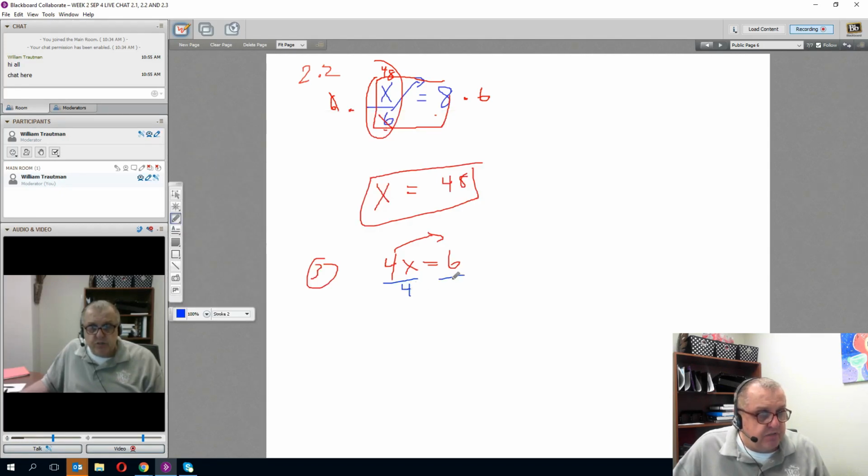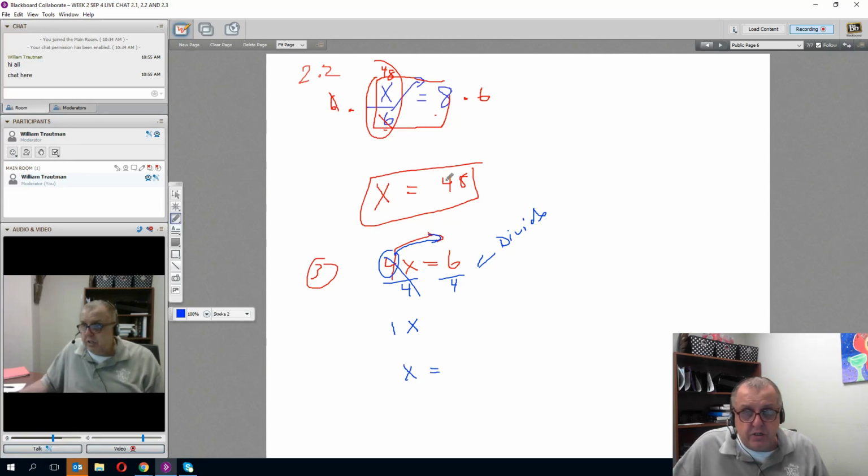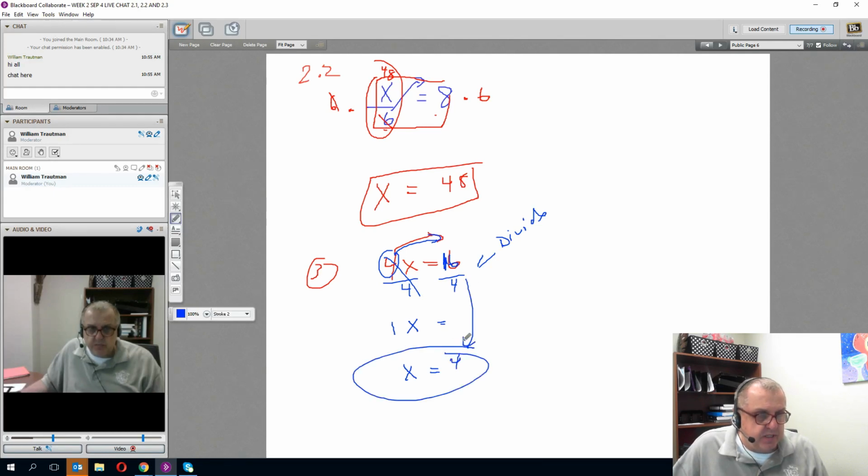So I'm going to divide both sides by 4. 4 divided by 4 is 1 with an x. 1x, another way of writing 1x is just x. Oh, by the way, this was 16 and not 6. 16 divided by 4 equals 4. And there's my answer. All righty. Do more problems.